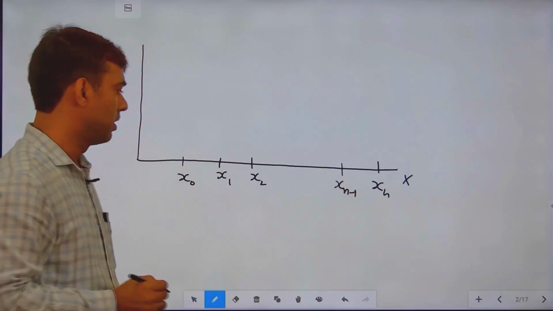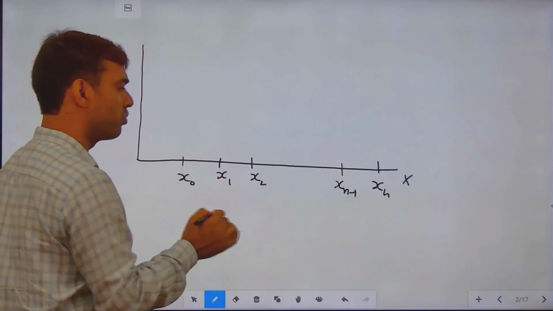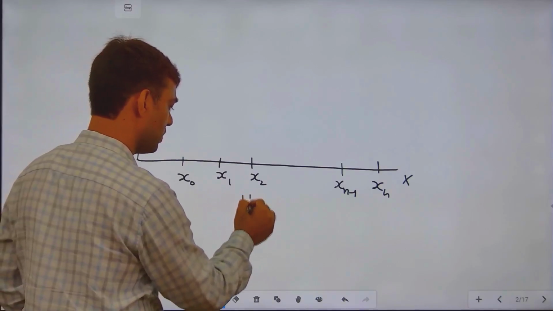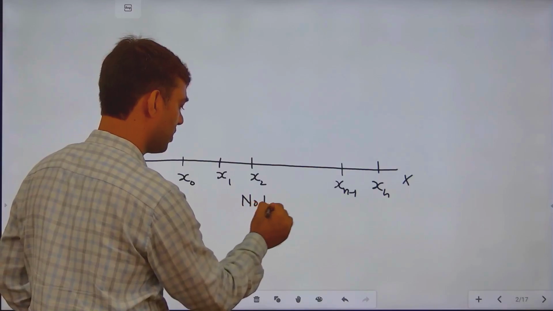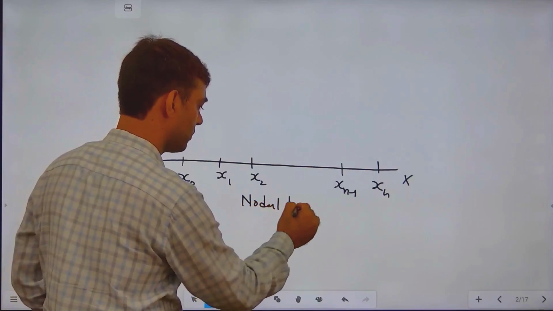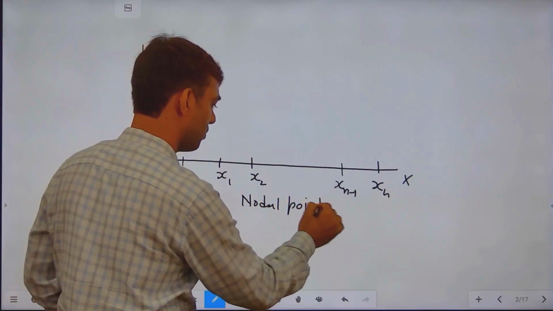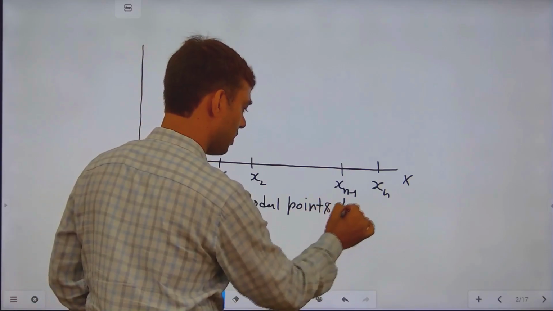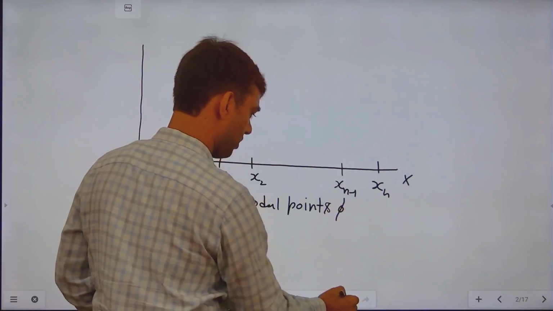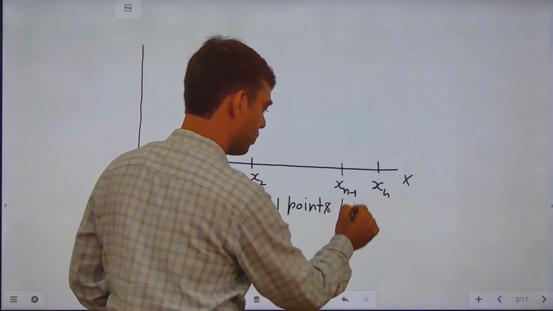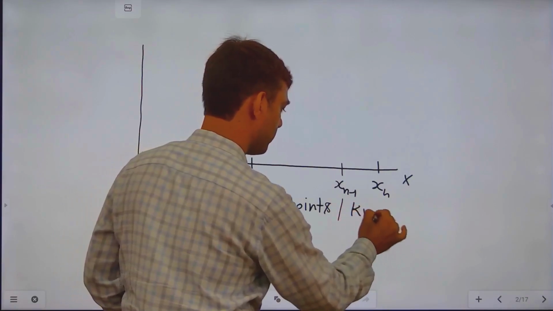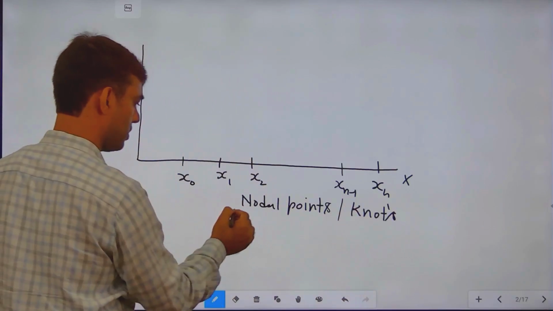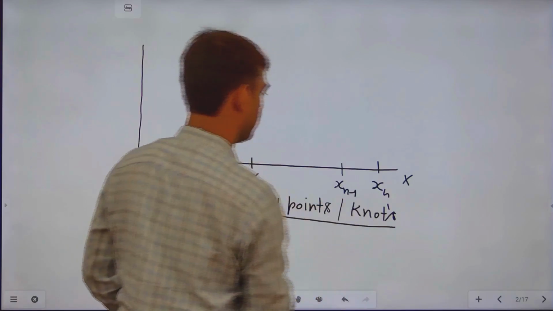These points are known as nodal points, also known as knots.